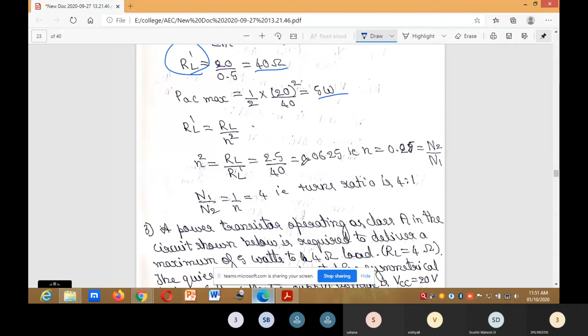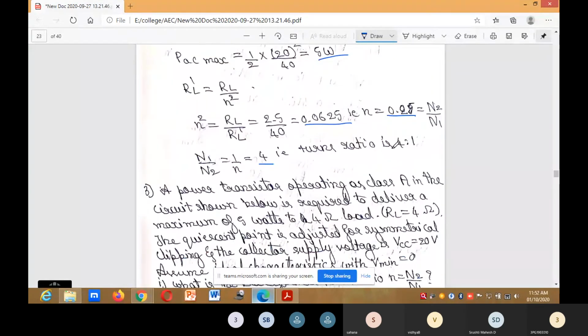Okay, this is the N square value. What about N? N is equal to 0.25, you will get. N1 divided by N2 is equal to 1 divided by N. So that you will get 4. Okay, turns ratio is 4.